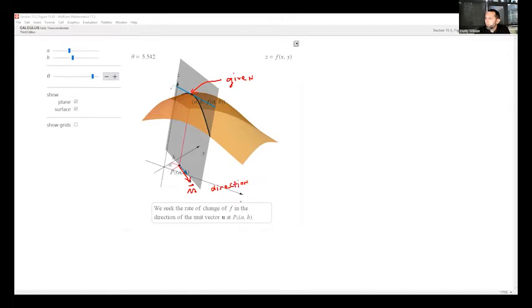And what we're wondering is if at that given point in that direction of travel, if we looked at a tangent line along that, we could ask ourselves, what is the slope of this line? That slope is going to be what we call our directional derivative. So once again, you pick a point, you pick a direction, you have the point in the direction, you can ask what's the slope at that point in this given specified direction.